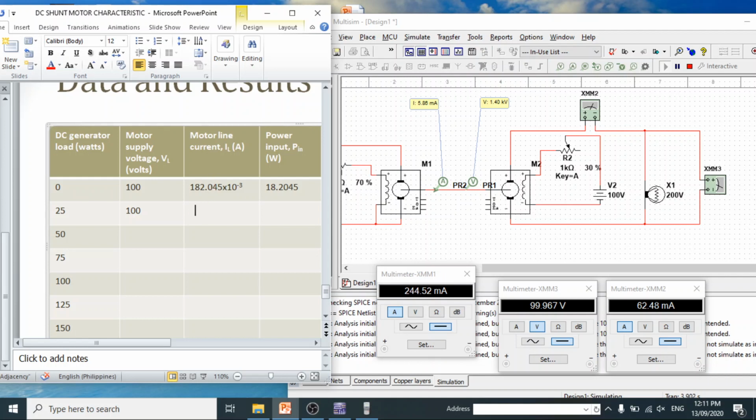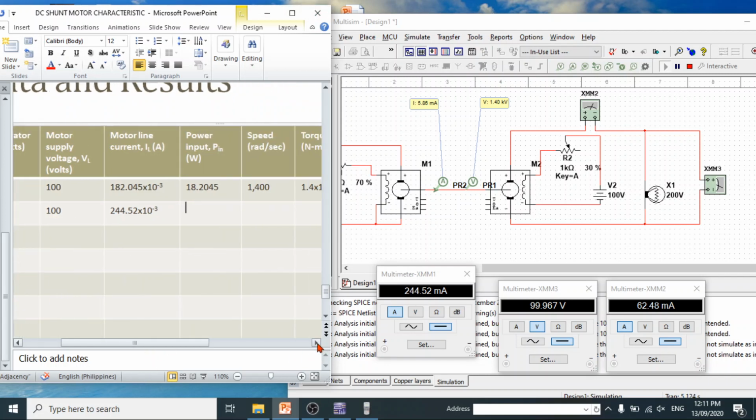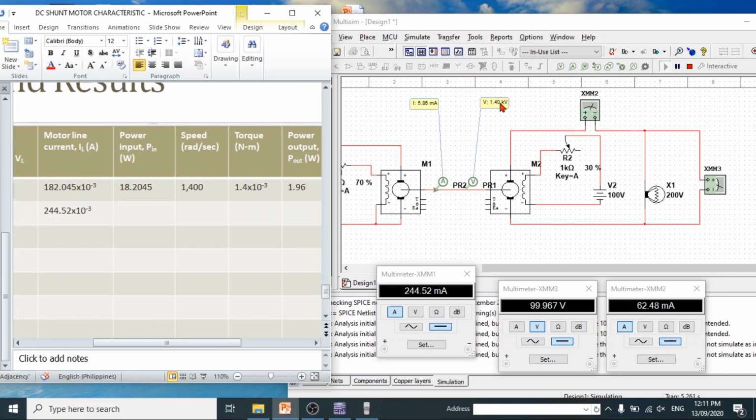This time that's 244.52 milli. Then the input power we'll calculate later. And the speed is still 1400 radians per second.